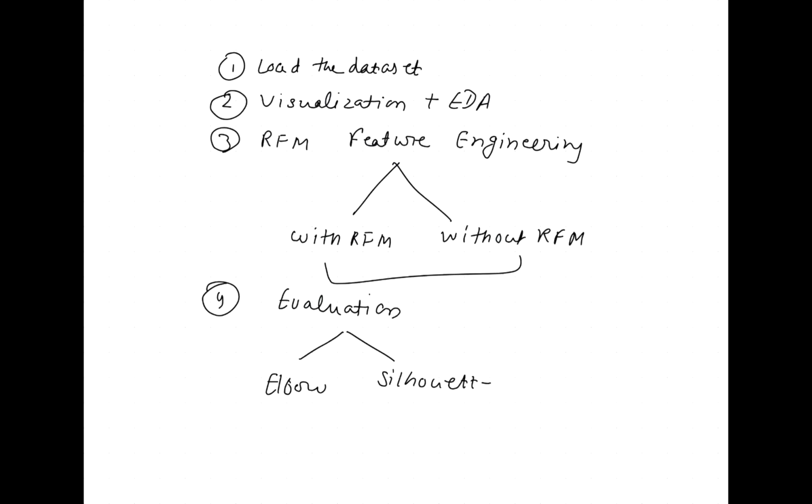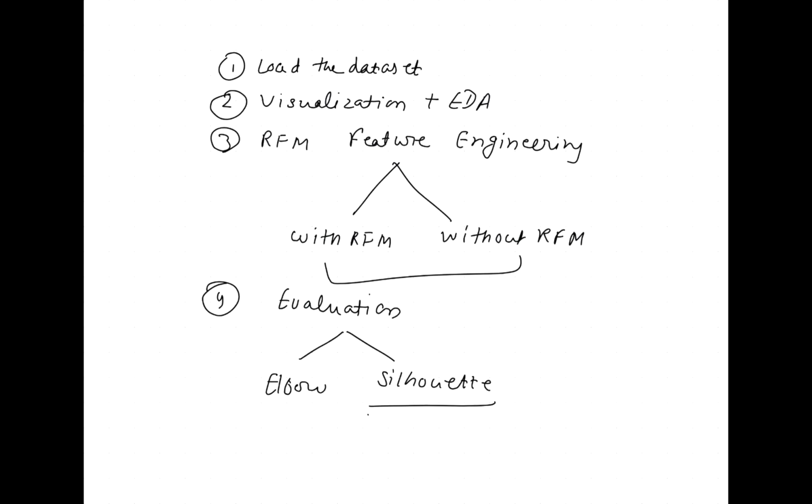This is the process you will see in the practical notebook today. I'm not going to apply PCA today because we don't have too many features, but this is going to be a perfect project for you.